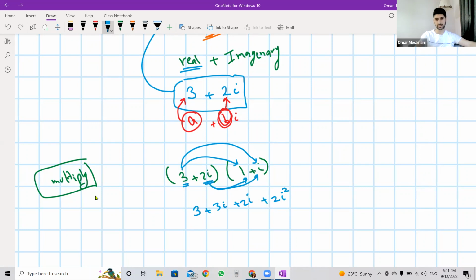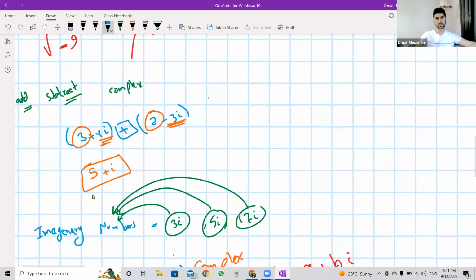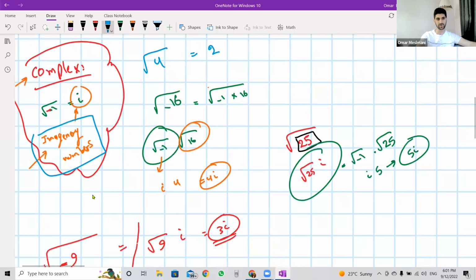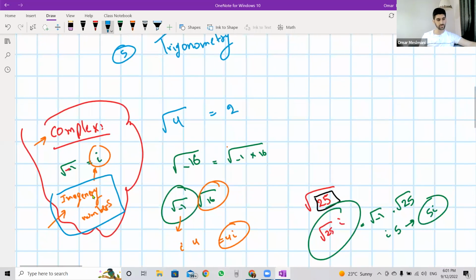I did not tell you this information, so you have to have it from here. Once you have the root of -1 as i, how do you deal with i squared? The i squared is root of -1 times root of -1, which is basically -1.